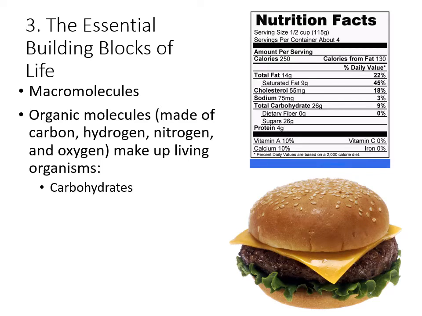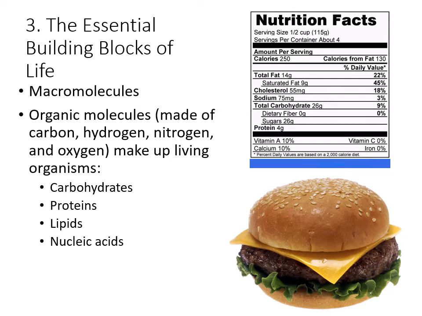Okay, so our 4 macromolecules of life include carbohydrates, which shows up on the nutrition label, proteins, which we're all familiar with, lipids, which are fats and oils, and the last one, nucleic acid.